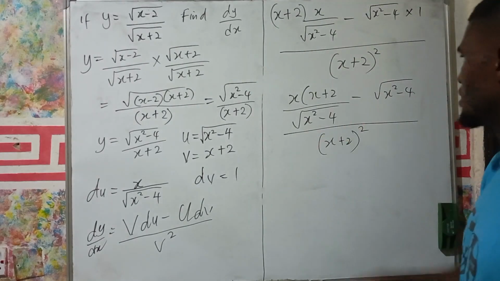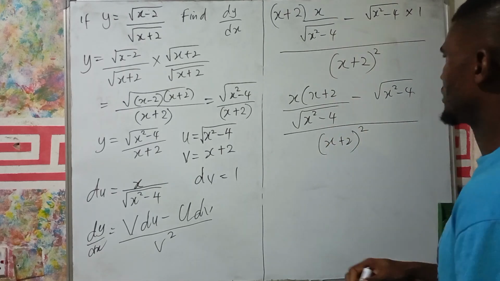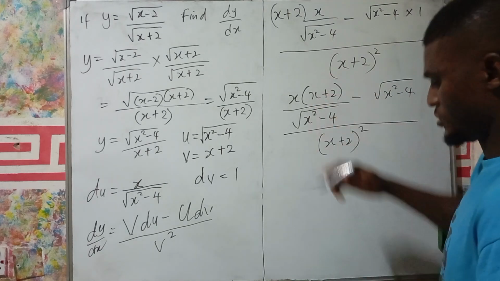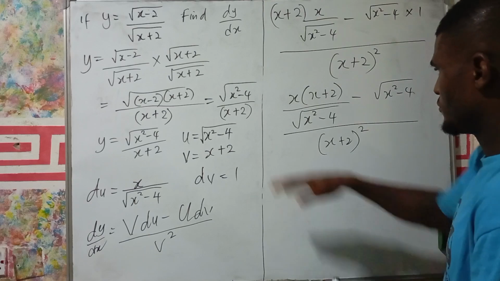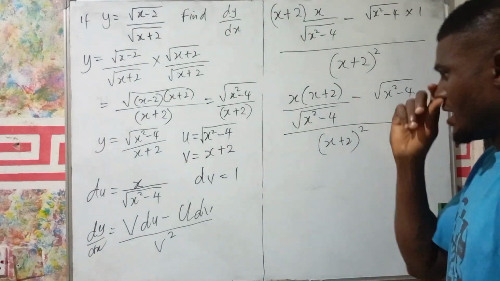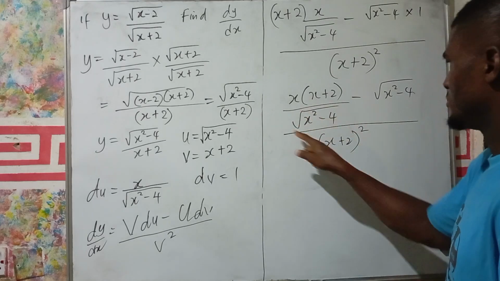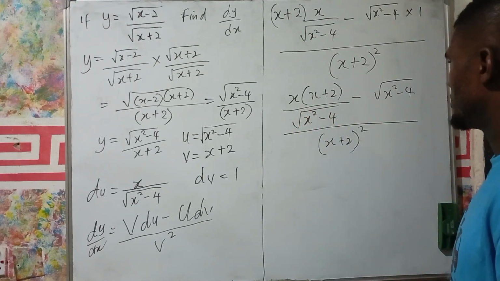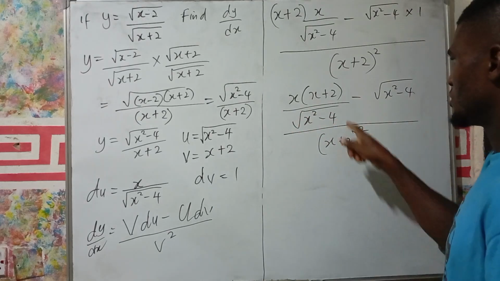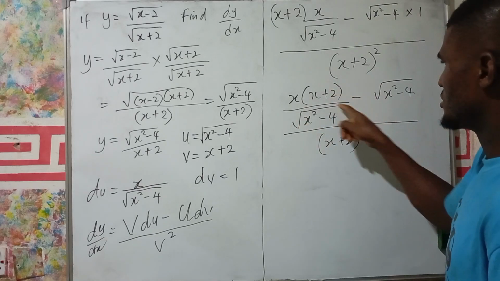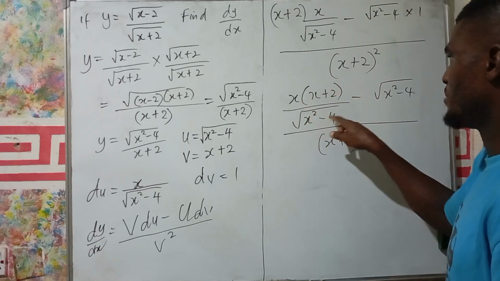Alright, so what we need to do here first is to remove this fraction, the overall fraction. And to do that, we need to multiply every point here by the LCM of the denominator. So the denominator that we have here is x squared minus 4.